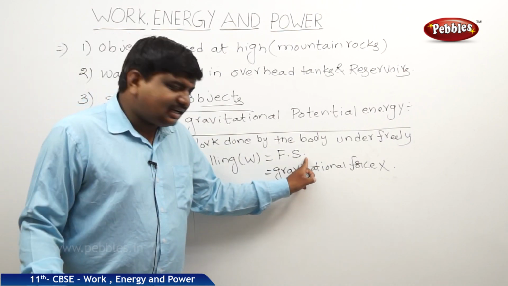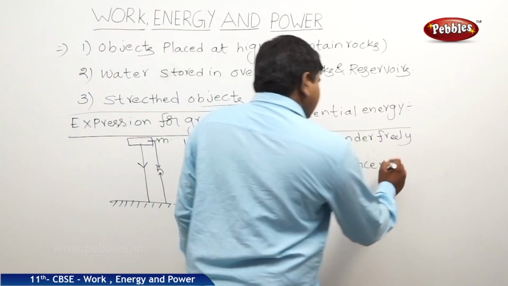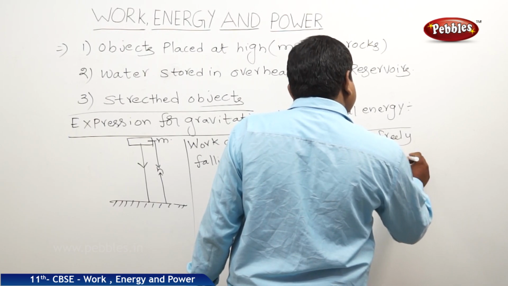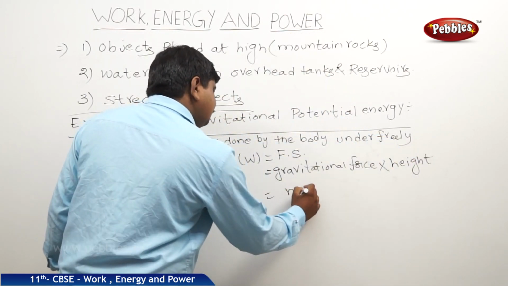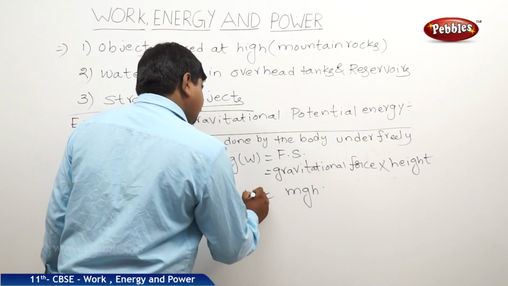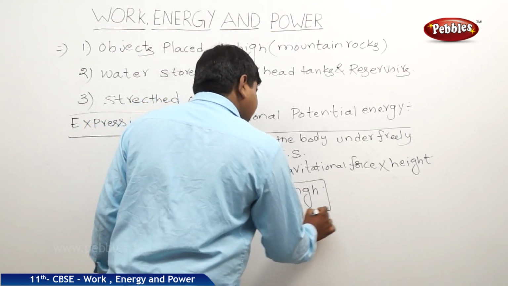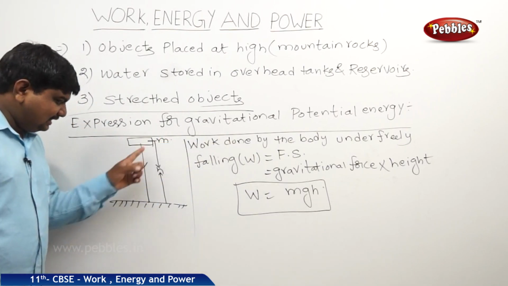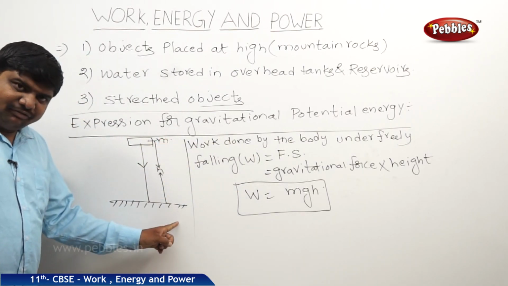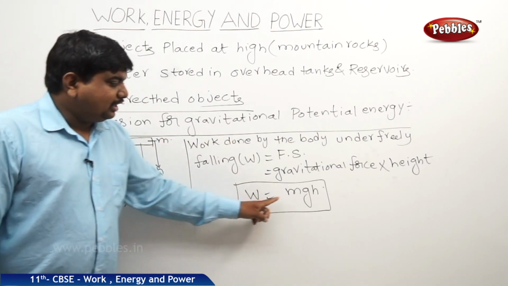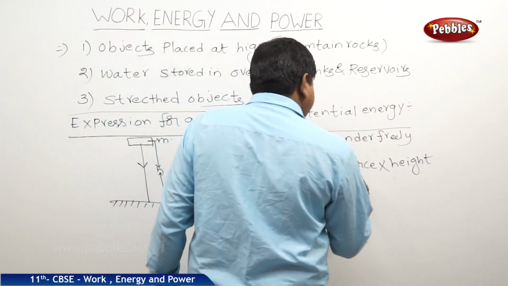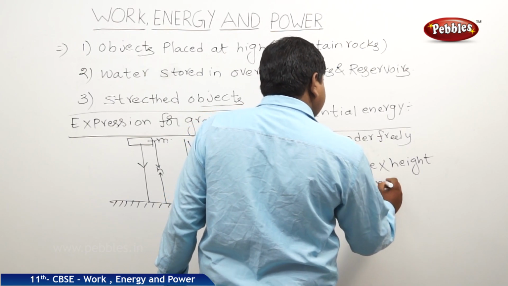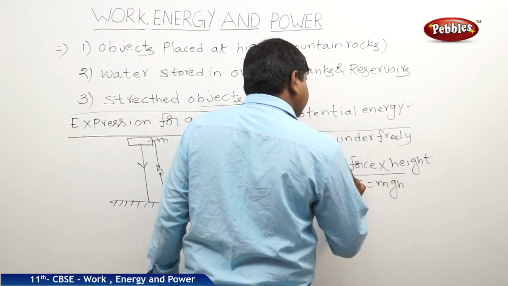That means the distance traveled by the body is nothing but the height. So the gravitational force is mg, the height is h, and the work done is mgh. The work done by this body when it is freely falling under gravity is stored in the form of potential energy. Therefore we can write potential energy is equal to mgh.